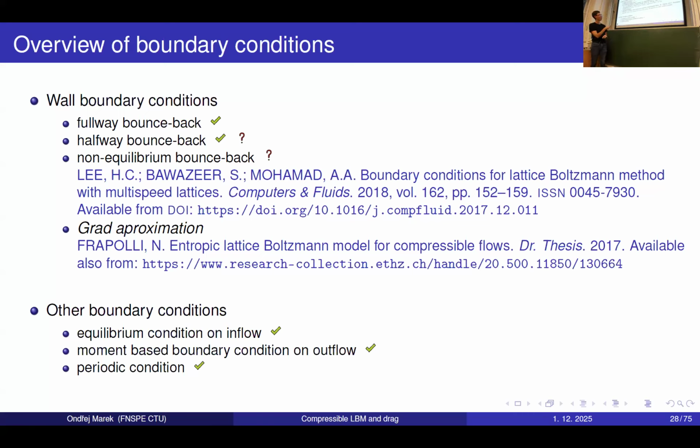So it just is multiplied by the reference temperature. And the periodic condition is simply implemented by just connecting 2 of the sets. Basically, if it's in 1 dimension of the lattice, you are just modulating the indexes while streaming.